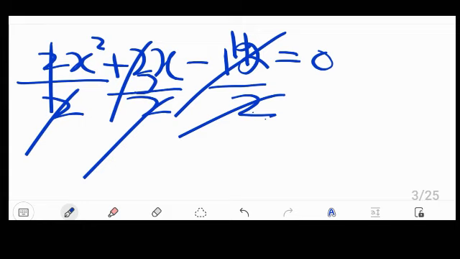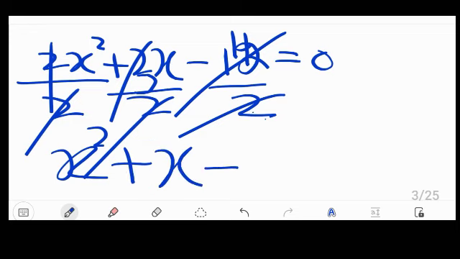So always try your best to make a whole number as the coefficient for every term. So I'm dividing all three terms by 2, so it will become x square plus x minus 6 is equal to 0. So this is my final question.